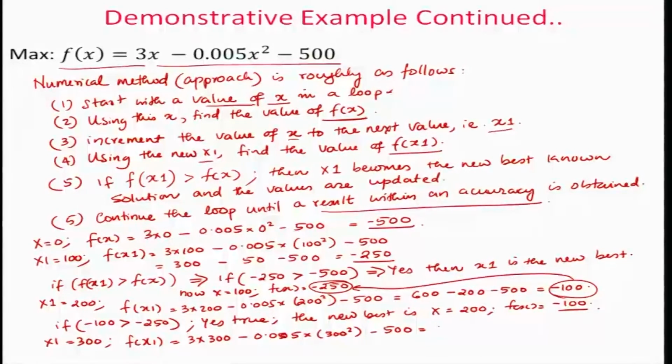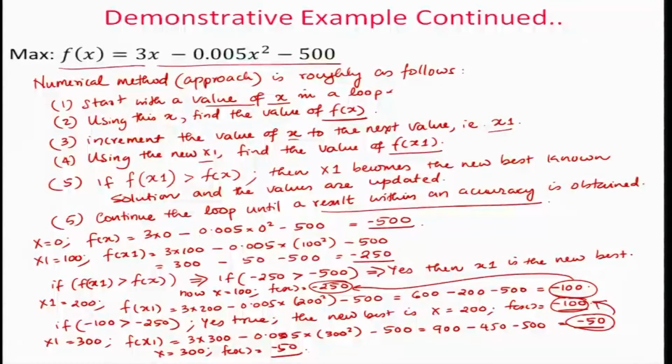So, that will be 900 minus 450 minus 500, which will be minus 50. So, now if you look into this value, minus 50 is larger than minus 100. So, your new x will be equal to 300 and f of x will be minus 50.